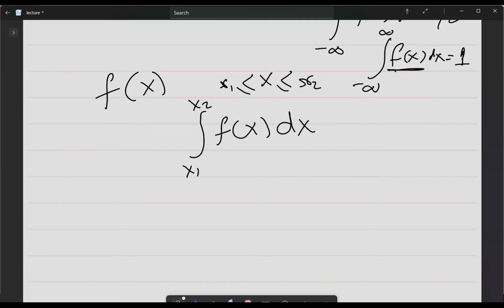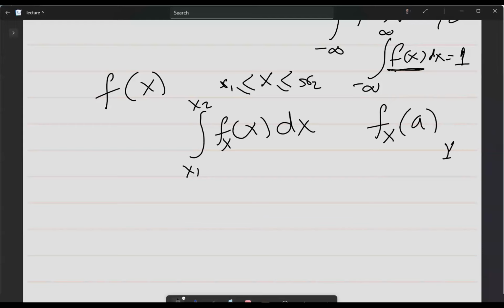From x1 to x2, f of x dx. It is simple like that. You can find in the book and also in the slides that sometimes we put an x here as well. The reason is that later we can use this f to represent different random variables. For example, we have f of x because we might have another random variable y.